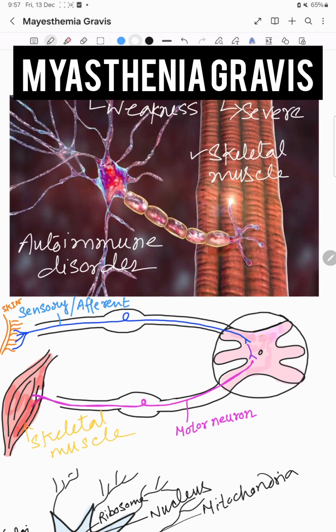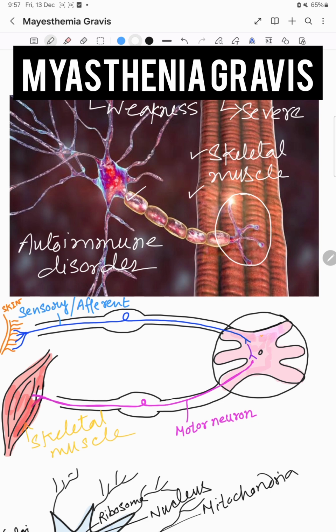As we can see in this picture, it's a skeletal muscle and it's a neuron, and a neuron communicates with a muscle by a specialized junction, that is a neuromuscular junction.